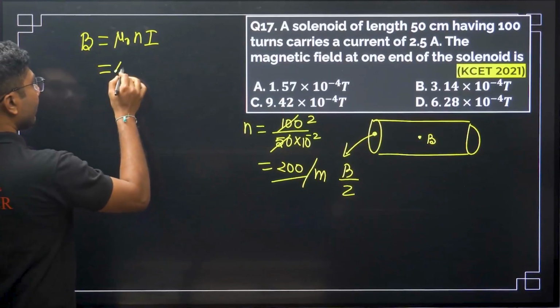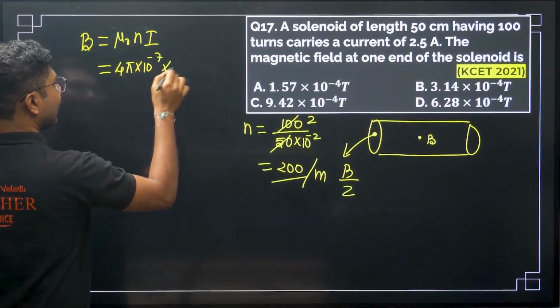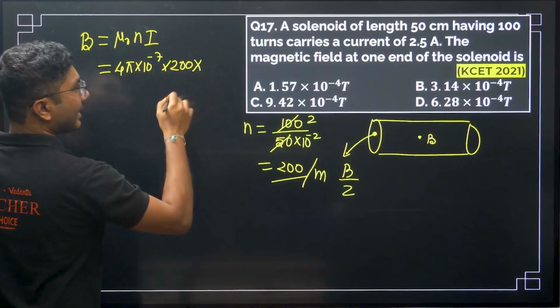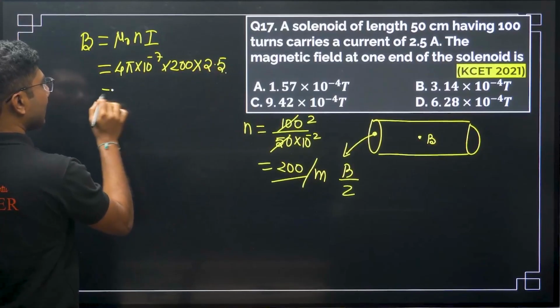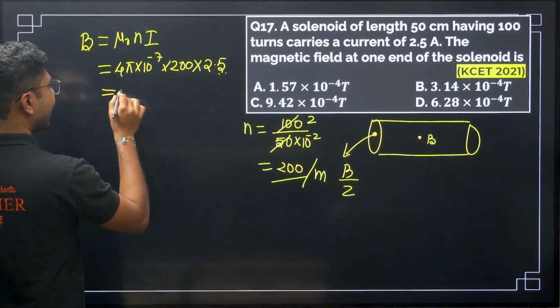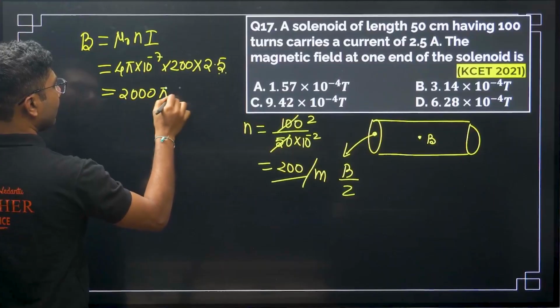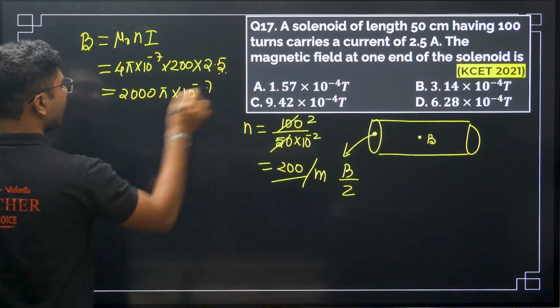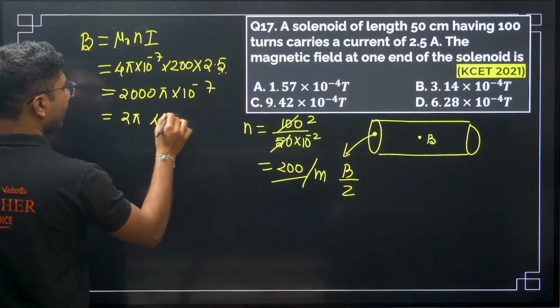Mu naught is 4 pi into 10 to the power of minus 7, N is 200 and current is 2.5. Okay, now let's multiply. 4 into 2.5 is 10. So 10 into 200 pi, 2000 pi into 10 to the power of minus 7, or 2 pi into 10 to the power of minus 4.